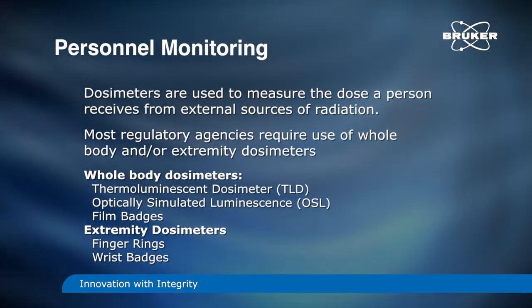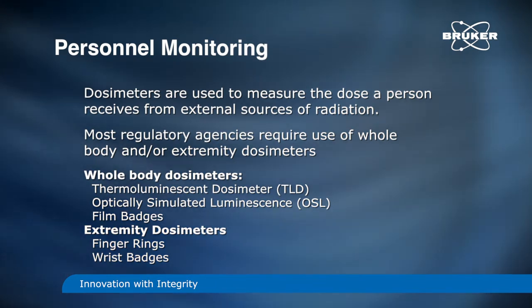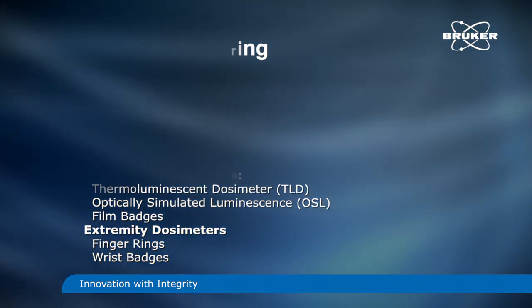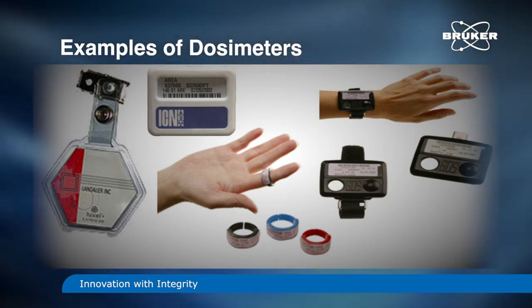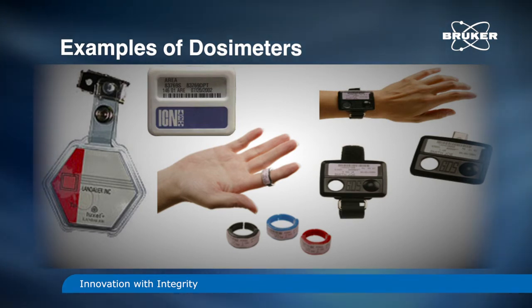Finger rings and wrist badges are examples of extremity dosimeters. This slide shows examples of dosimeters commonly used for personnel monitoring.